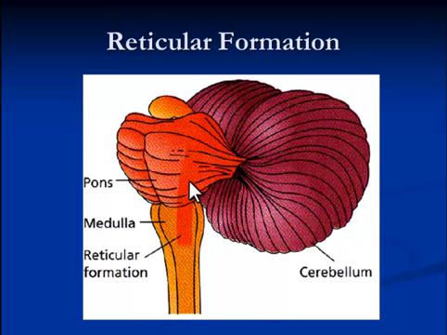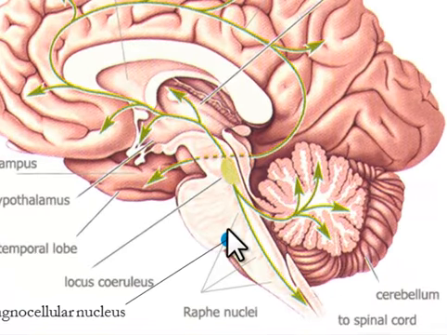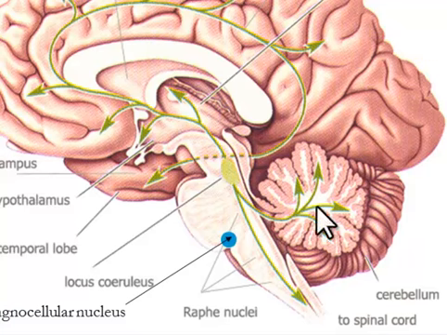If you suddenly have an event, like you almost get hit by a car or something, your reticular formation is going to kick in. It's going to really stimulate and arouse the brain. Because one of the things that it does is it sends signals to a lot of parts of the brain and really stimulates it.